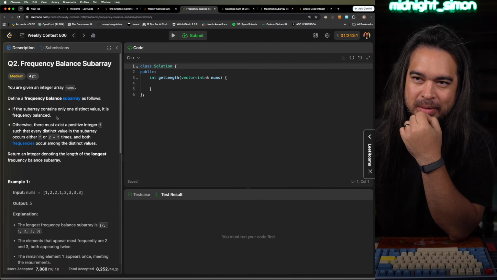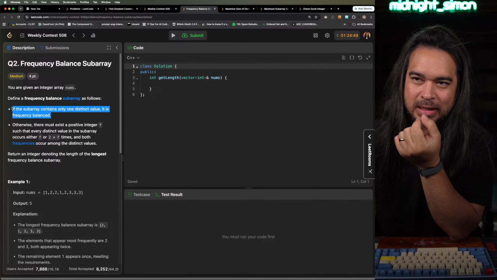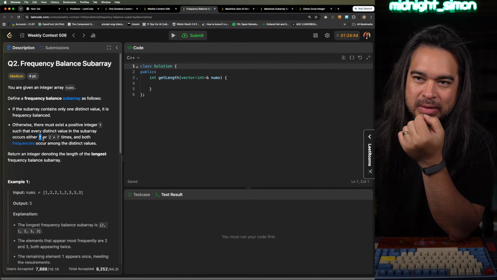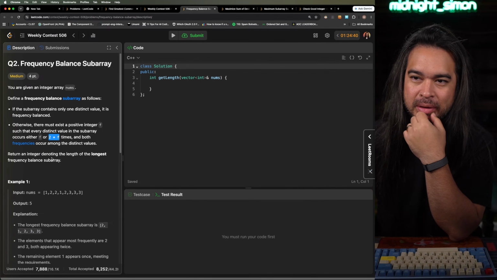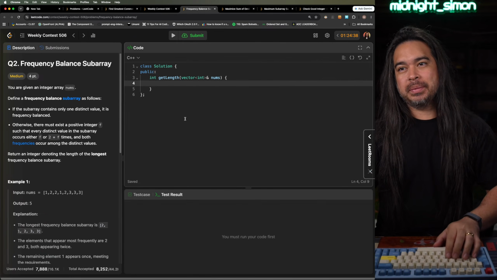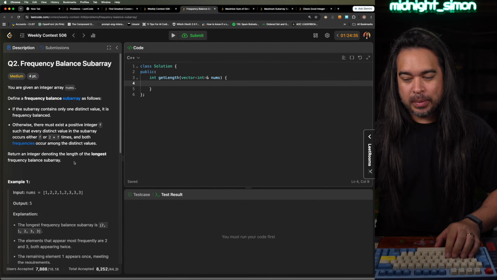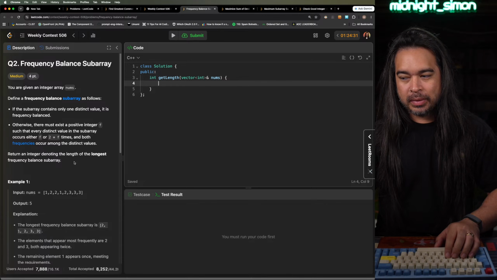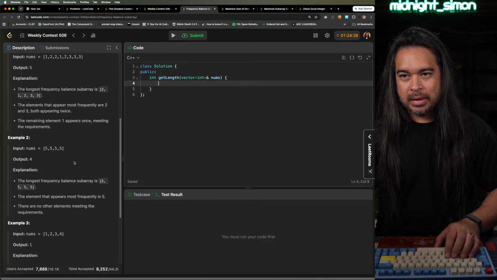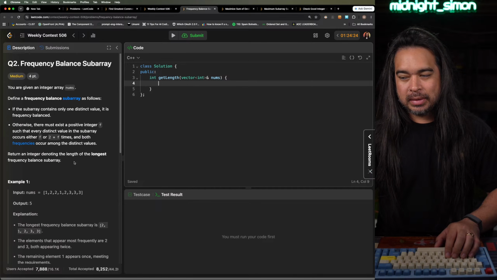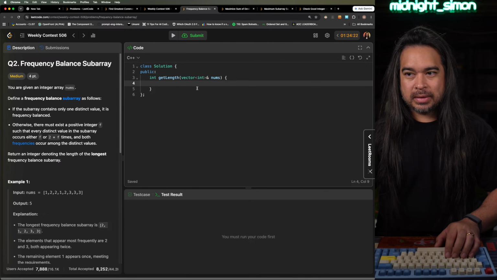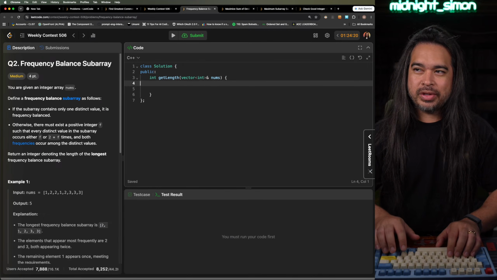They're just saying if it all contains the same number, that's one way, or the other way is that every value contains f or 2f frequencies. And then we need to find the longest one. So I guess I'm gonna try some bootleg stuff.